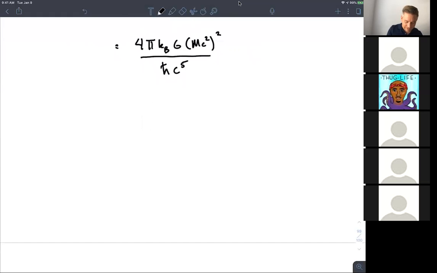And we can clean this up a little bit so that what you get is this. Essentially what I'm doing there is just canceling out factors of c. So this is the entropy of a black hole.